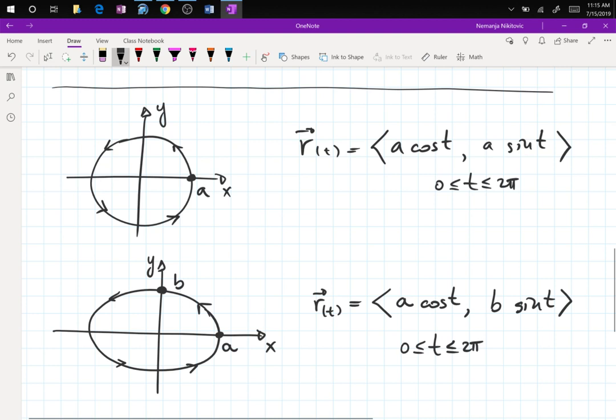This is just another easy way to see that a circle is just a special case of an ellipse. Ellipse is the main shape, just like a rectangle is the main shape, and then circle is just when a is equal to b. The same like the square is a rectangle where a is equal to b, right?